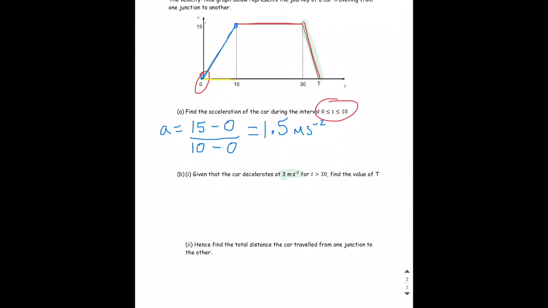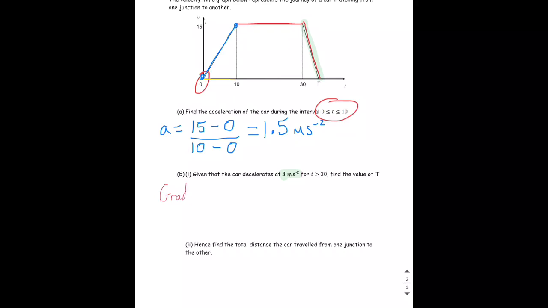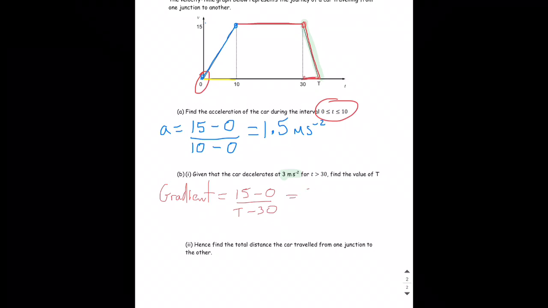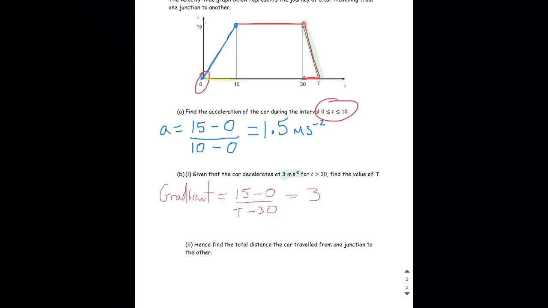So again, the gradient of this is difference in y's, so it was 15 down to 0. So difference in y's over difference in x's, which would be t minus 30, whatever that time interval is, the difference between those two. And that should equal 3. So hopefully with a bit of rearranging, we can get an outcome.